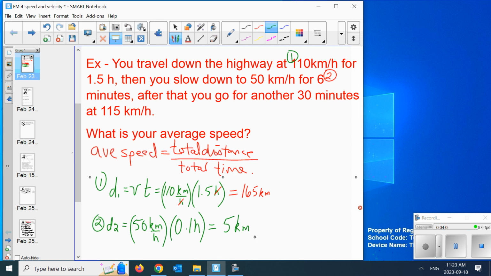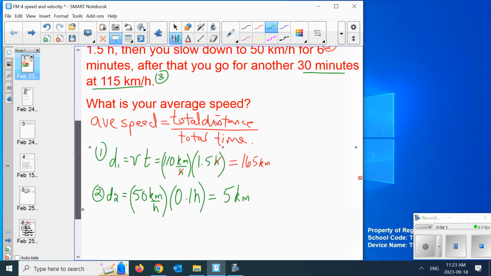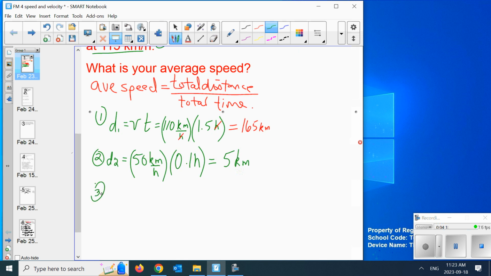That's the second portion. The third portion of the trip, 30 minutes at 115, so half an hour.